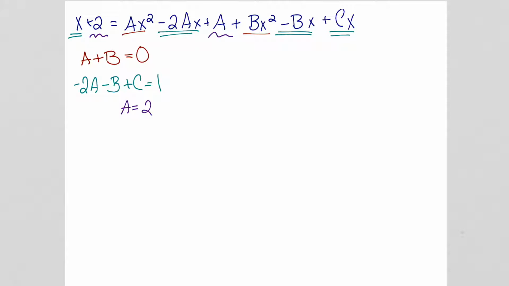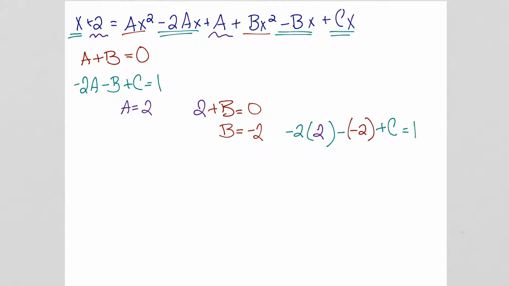So since we've already got a, I'm going to plug into that first equation. 2 plus b equals 0. So b is negative 2. And then for the last one, we've got negative 2 times a, which we already have to be 2, minus b, which we said is negative 2, plus c equals 1.